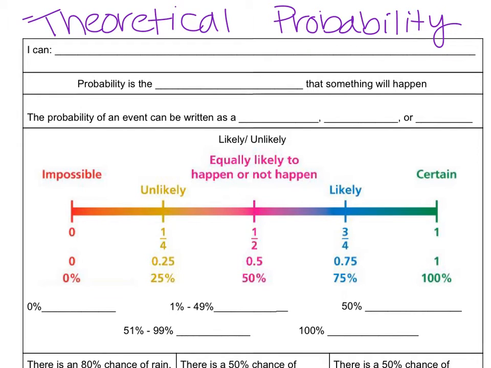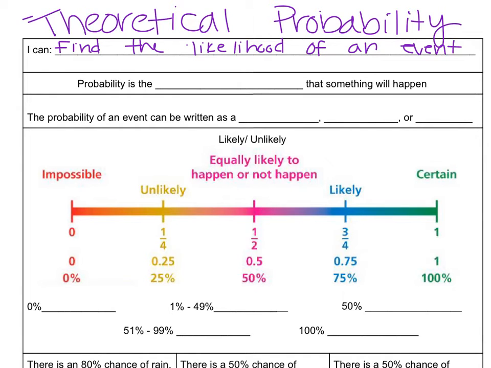So by the end of this, we should be able to find the likelihood of an event. Or another way to say that would be find the chance of something happening.